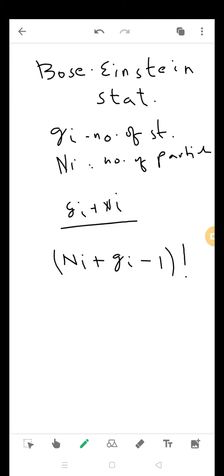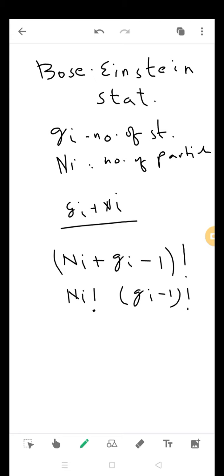The Ni particles can be distributed among themselves in Ni factorial ways, whereas the Gi minus 1 states can be fixed among themselves in Gi minus 1 factorial ways.